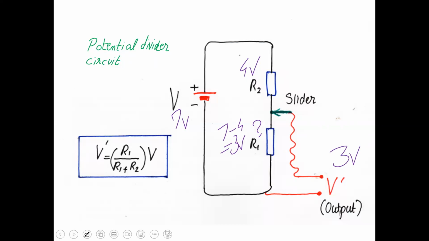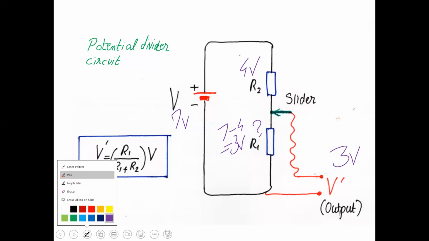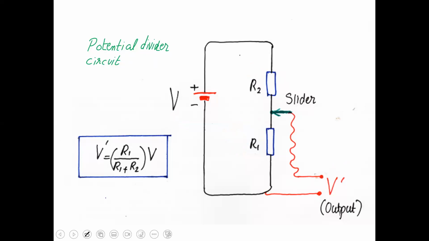So this is how a potential divider actually works. A potential divider uses resistors in series and divides the voltage. Can you repeat? A potential divider uses resistors in series and divides the voltage.